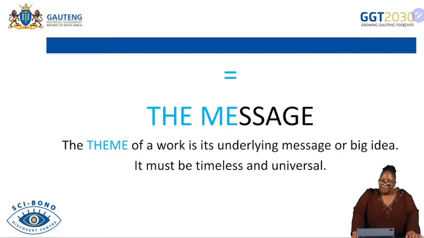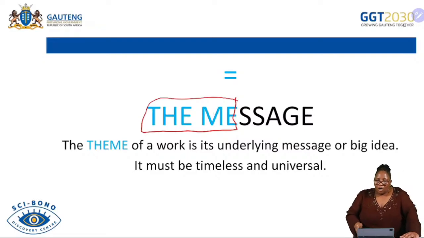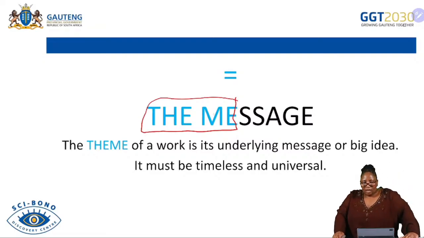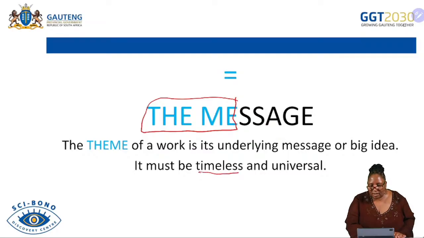What's a theme? It is the message. It is made up of the words "the" and "message" to make what? Theme. Can you see that? The theme of a work of literature is its underlying message or a big idea which is timeless and also universal.